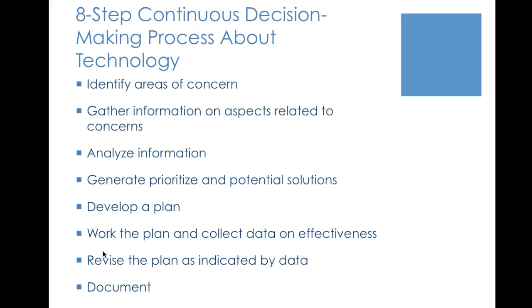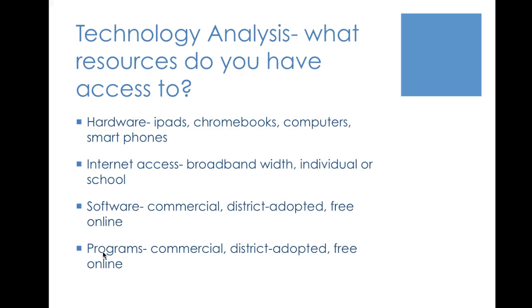They would analyze that information and come up with prioritized and potential solutions, such as getting some sort of communication device. Then they would develop a plan, work on getting the assistive technology for the student, train everybody on it, and then revisit whether that technology is working and if there's anything they need to do. And of course, as always, document, document, document.